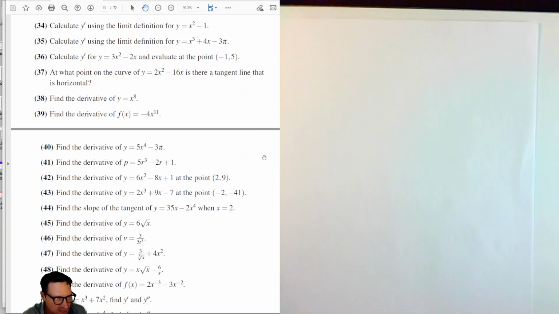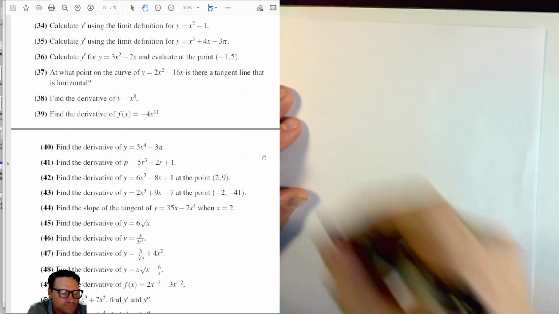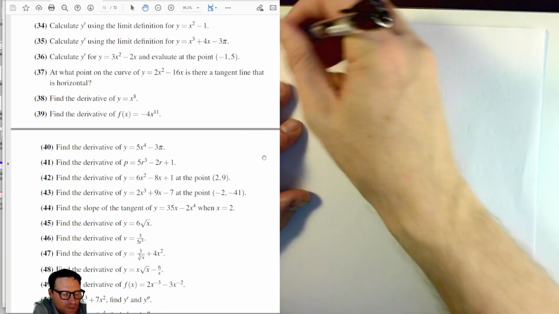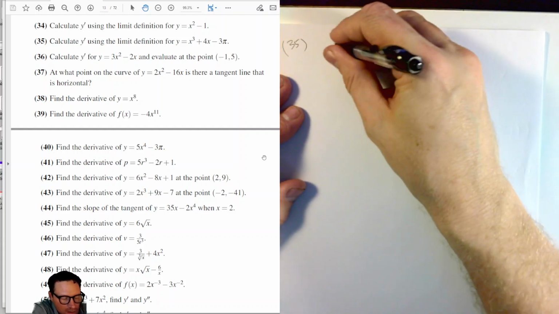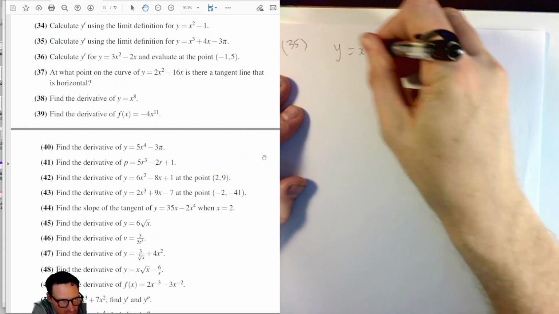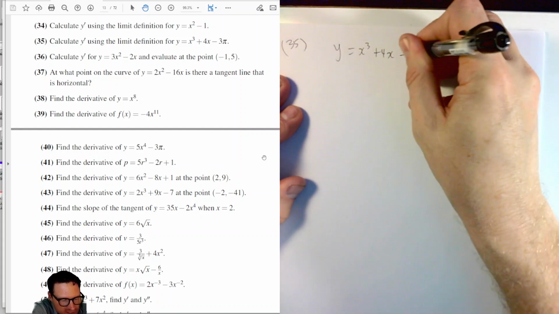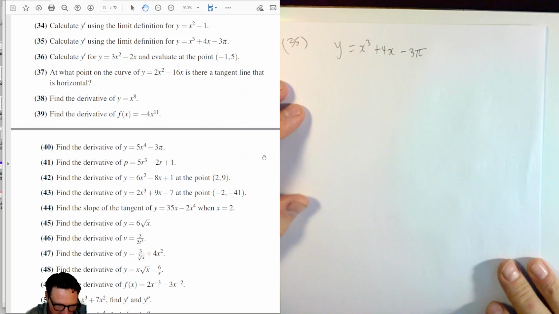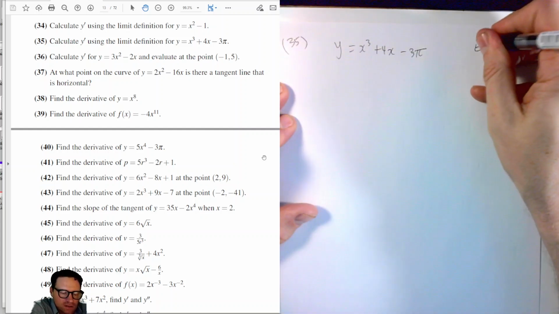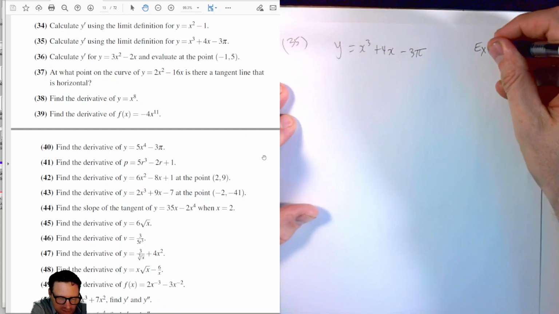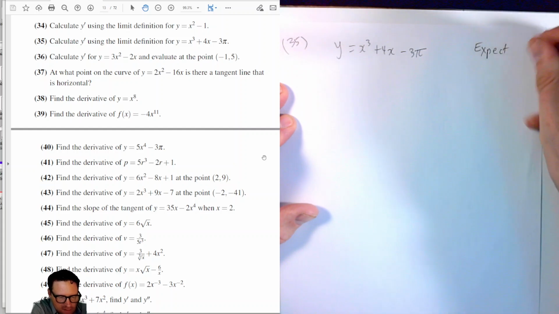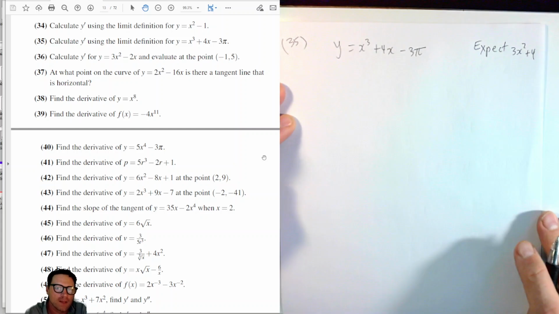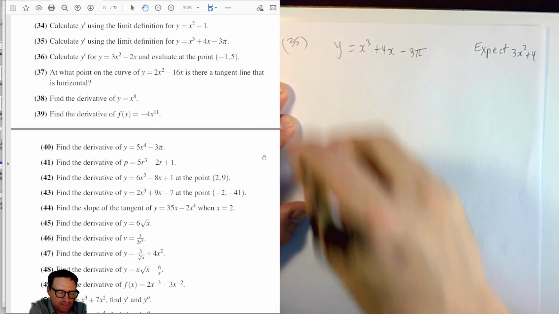Okay, let's move on to the next one. Question 35. y equals x cubed plus 4x minus 3 pi. Okay, we've got to do the same thing, calculate the derivative using the limit definition, but we expect 3x squared plus 4, because that's our derivative there.